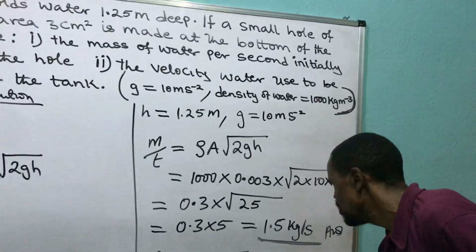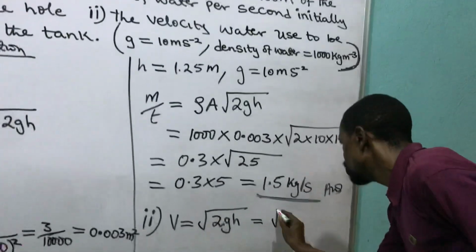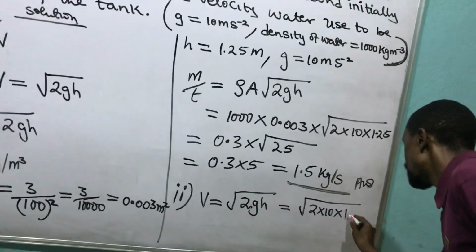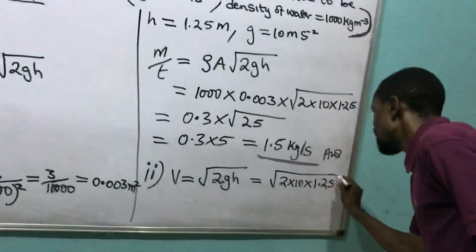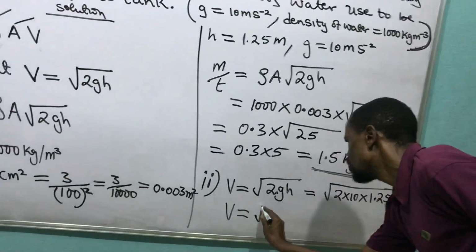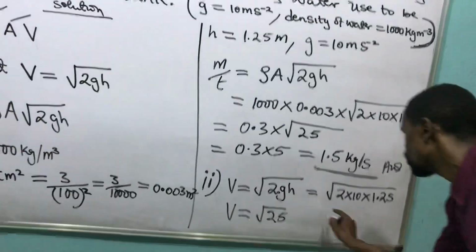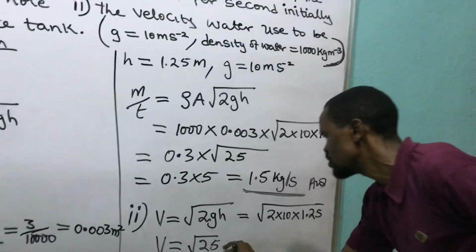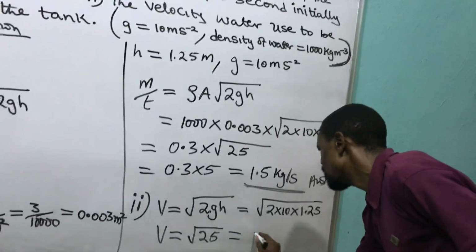Substituting the values, I will have 2 times 10 times 1.25, and that will give me V equal to square root of 25, because 2 times 10 gives 20, and 20 times 1.25 gives 25.